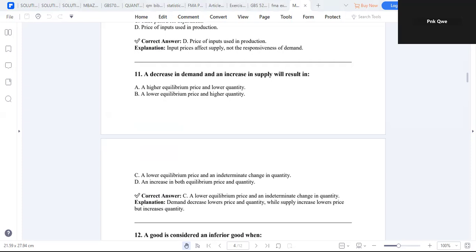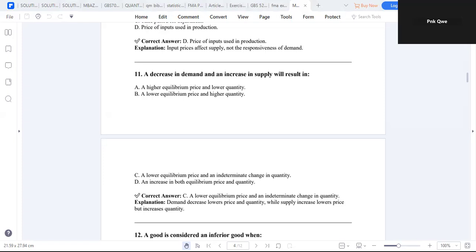This will lower both what? The equilibrium price and quantity. And an increase in supply will shift to the right. This will lower what? Equilibrium price, but increase equilibrium quantity. So the net effect is that the price will definitely fall, but the effect on quantity depends on the magnitude of the shifts. Hence the term indeterminate quantity change.